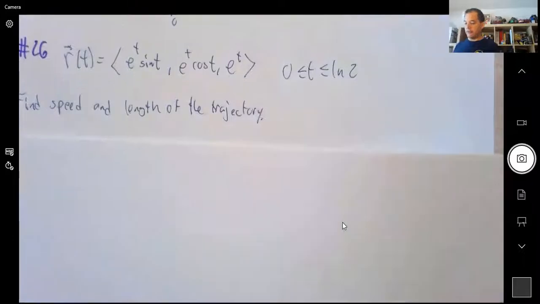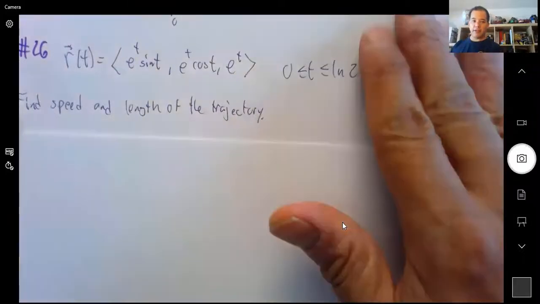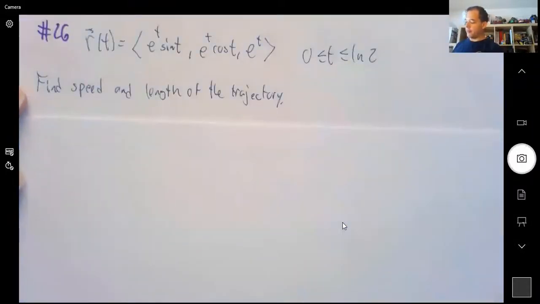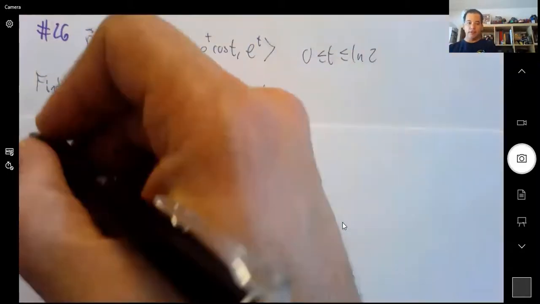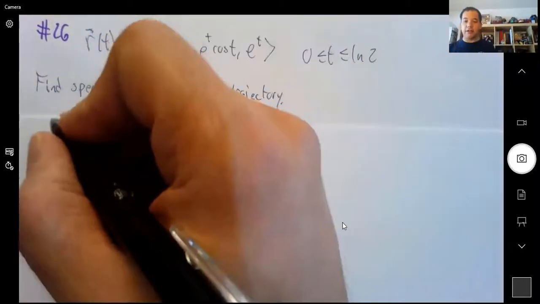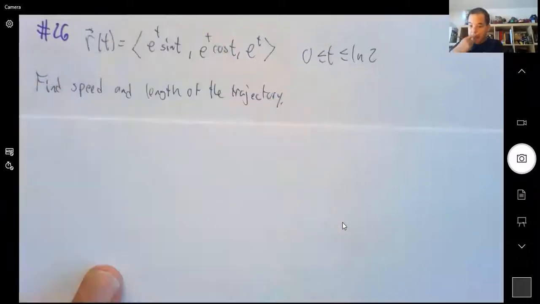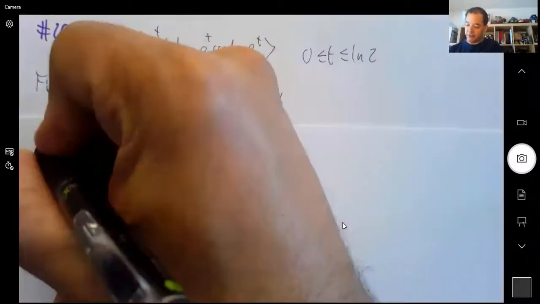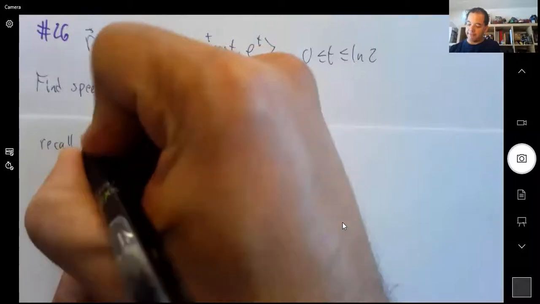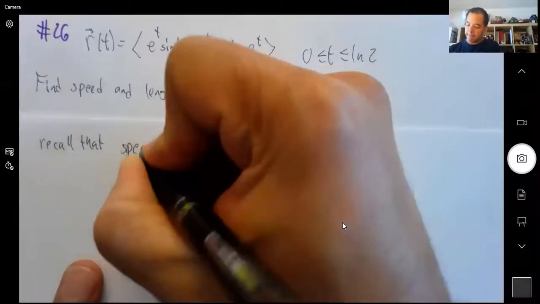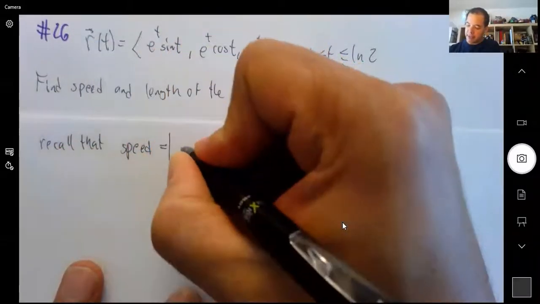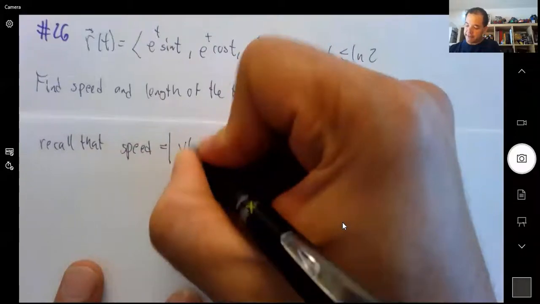So let's do this. Find the speed and the length. So let's recall, very important. What is the speed first? The speed is the absolute value of the velocity, the magnitude of the velocity. So recall that speed is the magnitude of the velocity.